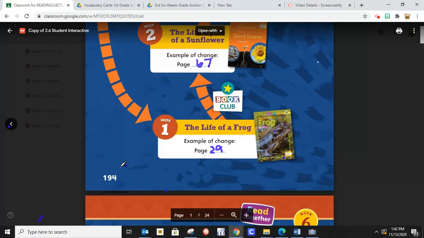Let's go to week 4. The long sleep changes. So what is changing there? What's exactly changing in the long sleep and changes? Very good, boys and girls. Animals change according to the season of the year. So let's talk about the bear. What happens during fall, during autumn?